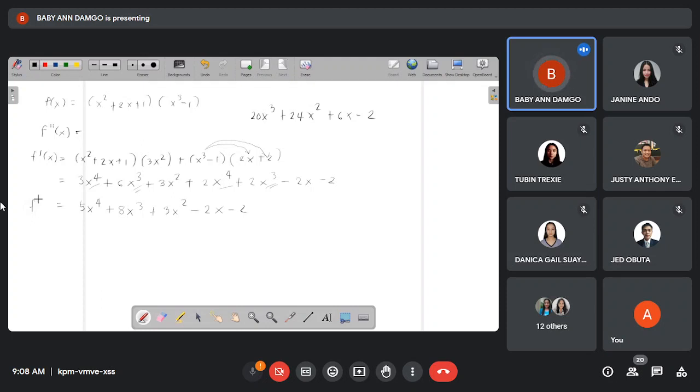Now we need to find the second derivative. So this is 20x cubed plus 24x squared plus 6x minus 2, which is the correct answer. Very good.